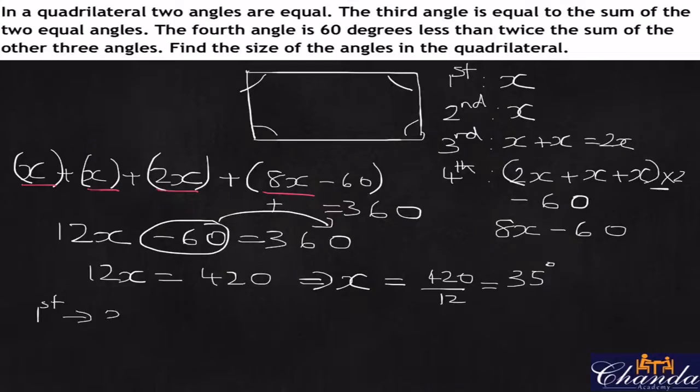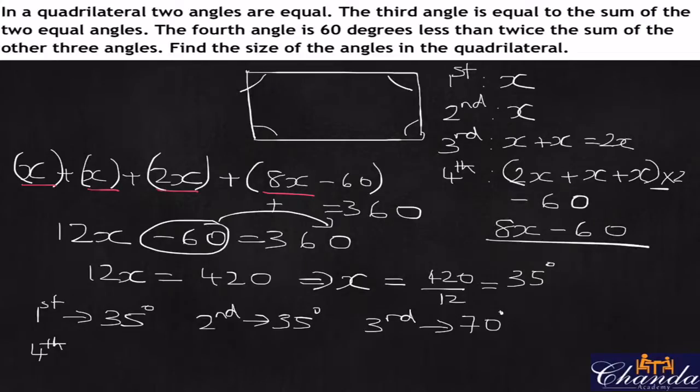So the first angle is 35 degrees. The second angle is 35 degrees. The third angle is the sum of the two, so that's simply 70 degrees, because 35 plus 35 is 70. And the fourth angle, we can simply take away these three angles from 360, or we can work it out using this particular formula here.